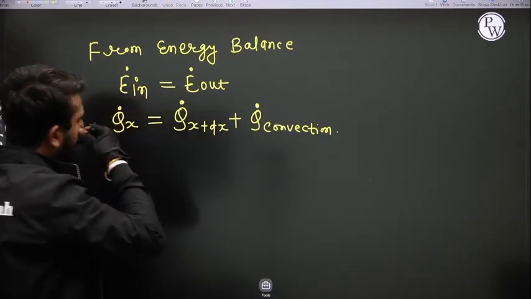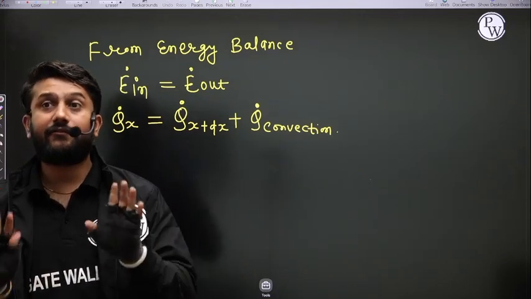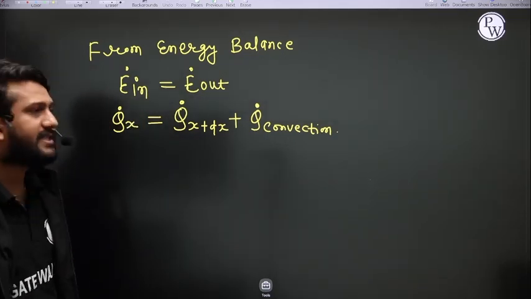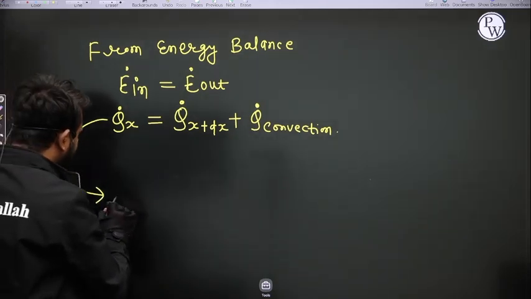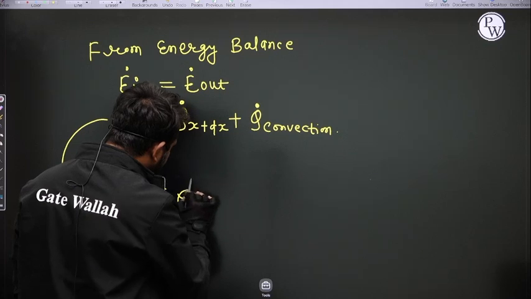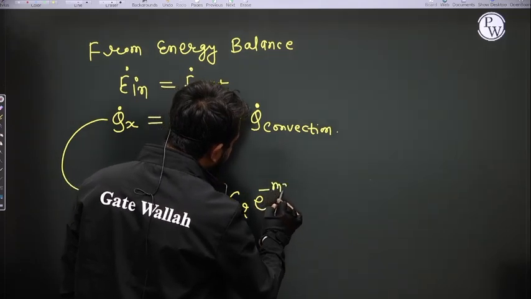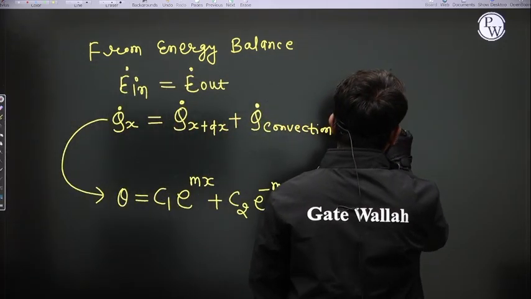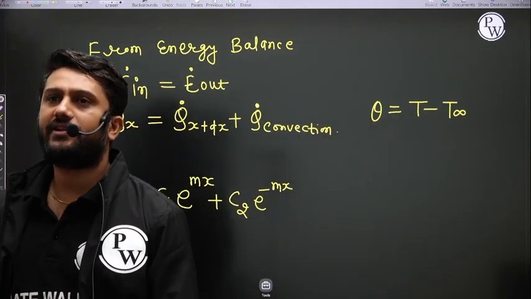Now see, if you solve this energy balance, then what expression do you get? You get this expression: theta is equal to C1 e to the power mx plus C2 e to the power minus mx, where theta is simply T minus T infinity.